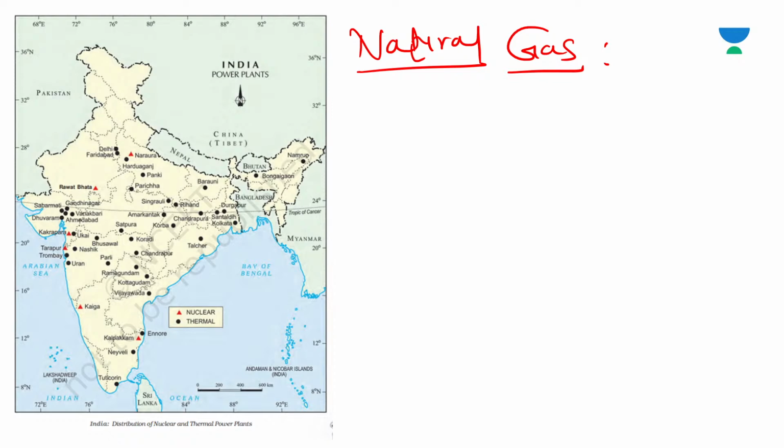Natural gas is an important clean energy resource, found in association with or without petroleum. It is used as a source of energy as well as an industrial raw material in the petrochemical industry.